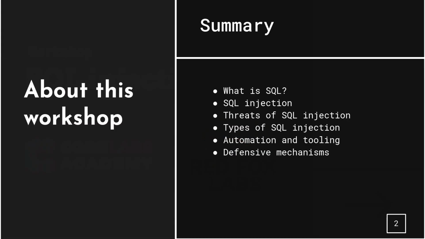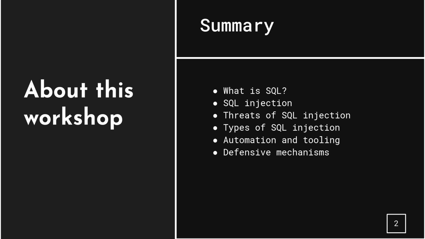We'll start by giving a short summary about this workshop. First, we'll talk about SQL. We can't talk about SQL injection without talking about SQL first, so it will be a kind of refresher. Then we'll get into what exactly SQL injection is, the attack. Then we'll talk about its threats and why it's important to talk about it.